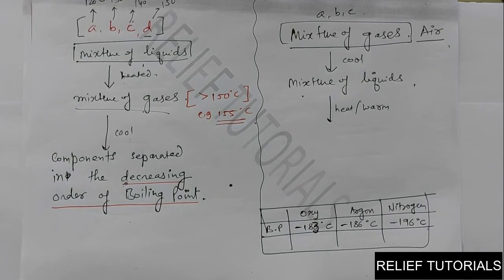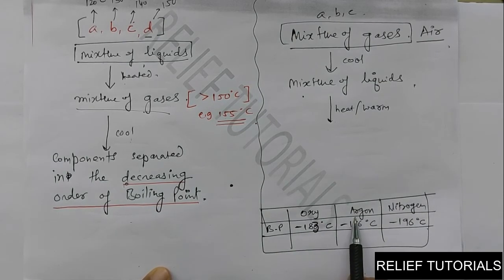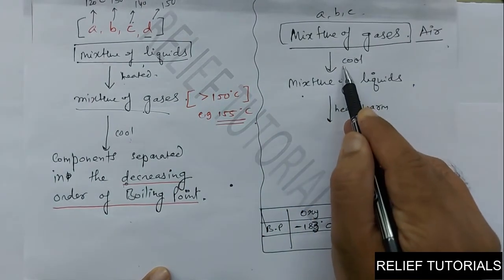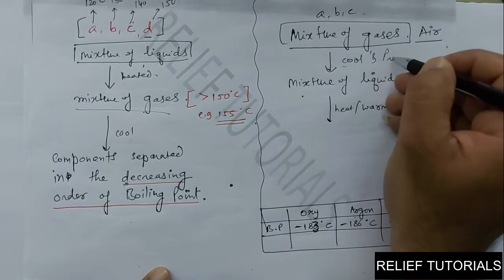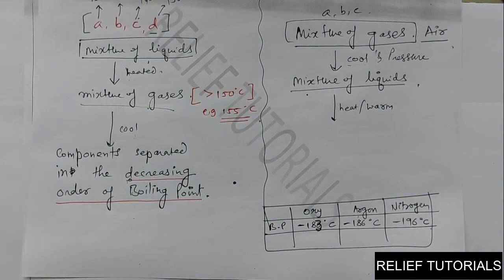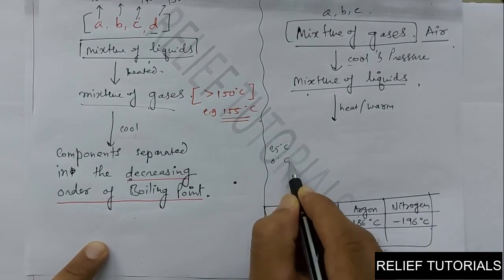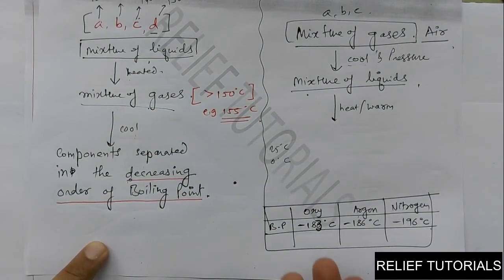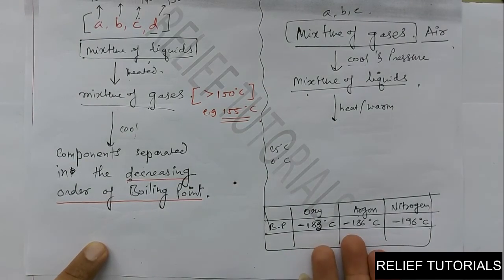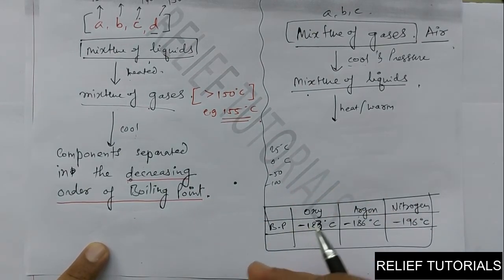The normal temperature of air is 25 degrees Celsius. Okay, so we have a mixture of these 3: oxygen, argon and nitrogen. So as per the method, first of all we have to cool and pressurize them to convert them into liquid state. Normal temperature is 25 degrees Celsius, you have to make it cool. 0 degrees Celsius, minus 50, minus 100, you are making it cooler and cooler.